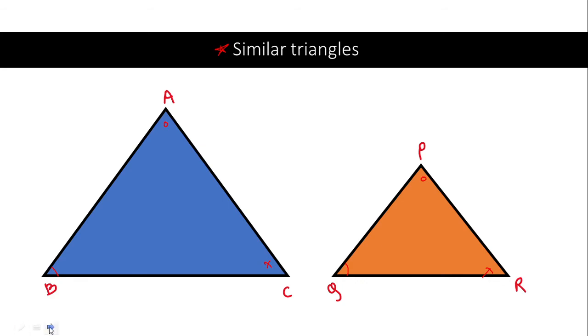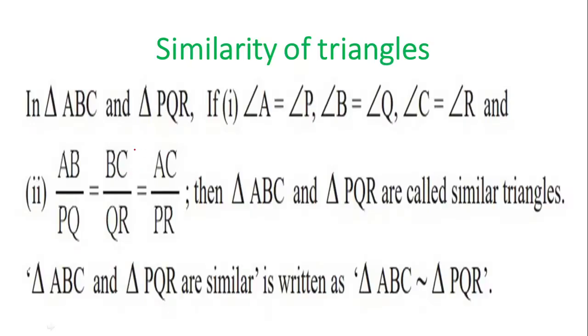Then let's see the definition for it. In triangles ABC and PQR, if angle A is equal to P, B equals Q, and C equals R, and what is the second condition? If you take the ratios of the sides, children, here is the important thing. You have to take the ratios of their sides.